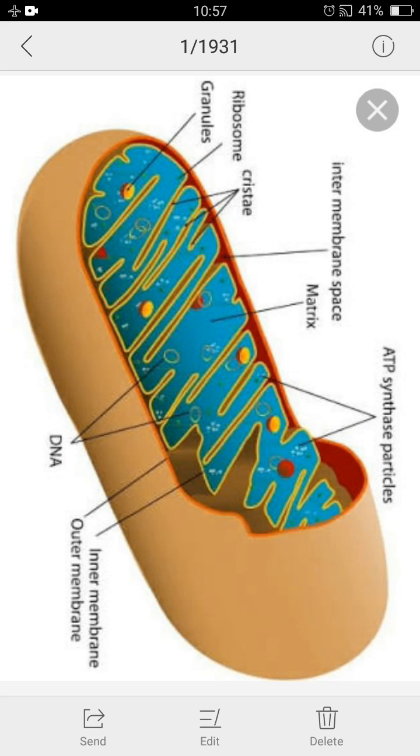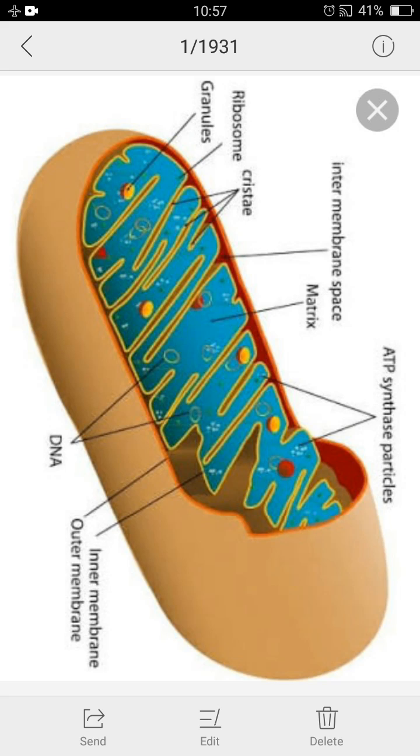Okay, in terms of shape and size also, they vary. It means mitochondria vary in shape and size in different cells. For example, a considerable degree of variability is observed in plant cells. And we'll tell you one point here regarding the measurements of a typical mitochondrion.